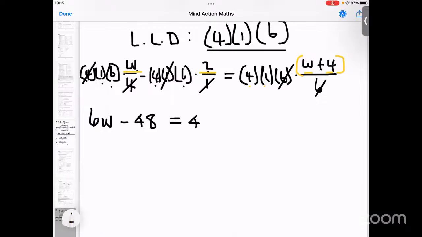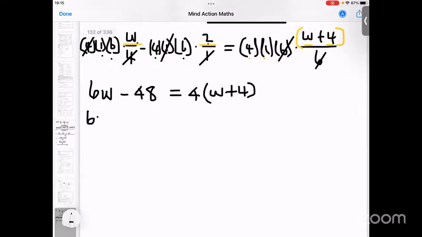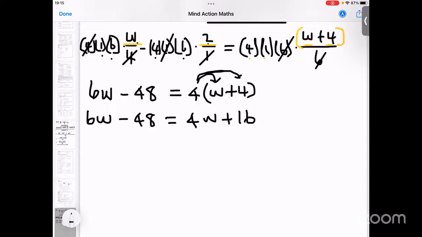So that 4 has to multiply that W and that 4. That is the tricky part about this question. So you still have your 6W. You rewrite it as it is because you are mainly interested in removing that bracket where you have 4W plus, I think that is 16.